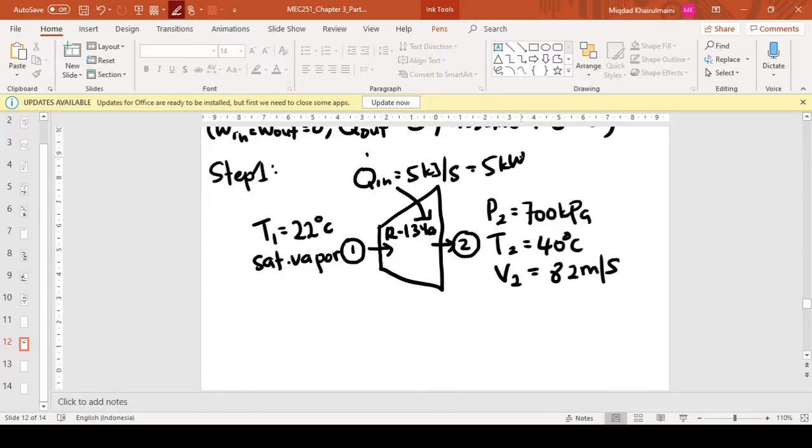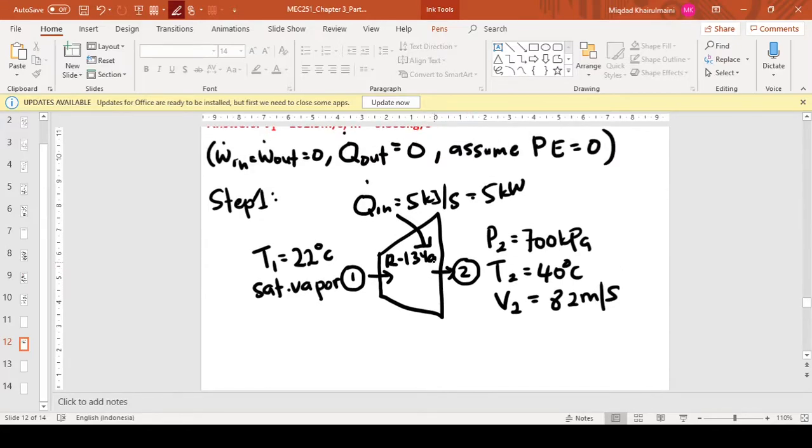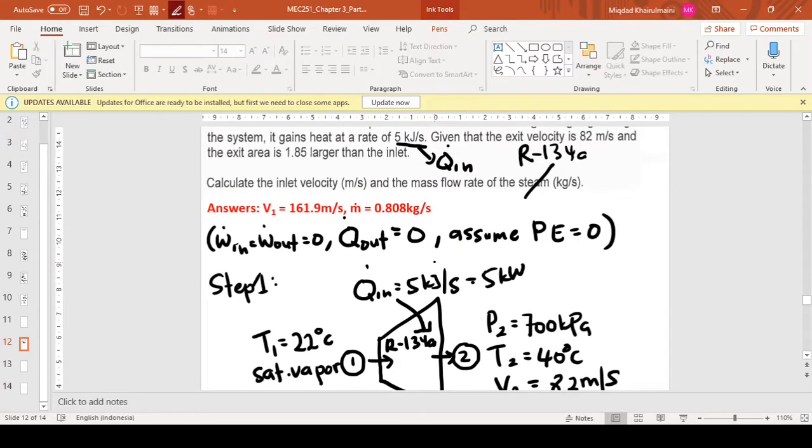Another thing that we can also write is the relationship between the inlet area and the exit area as stated in the question. The exit area is 1.85 larger than the inlet area.